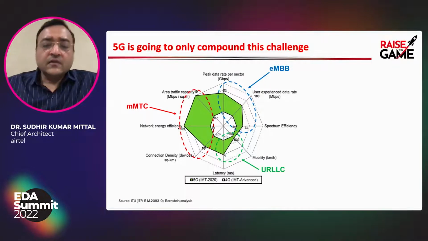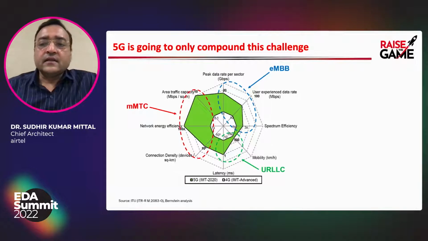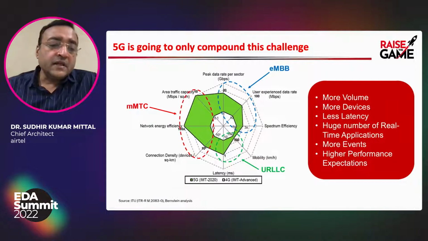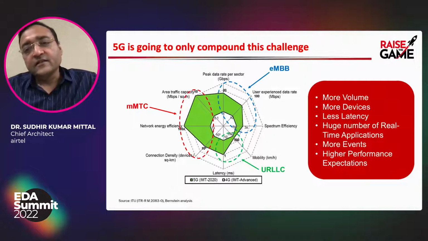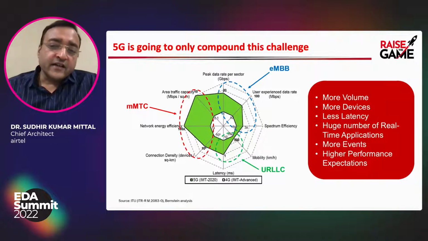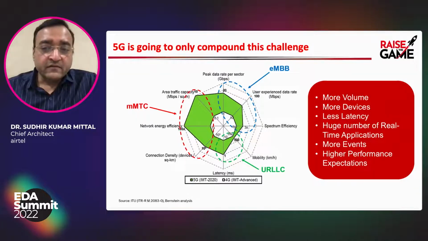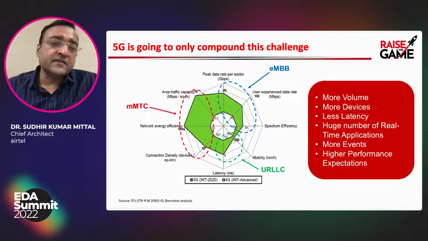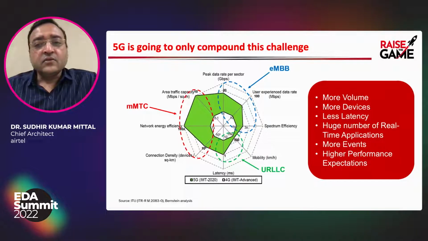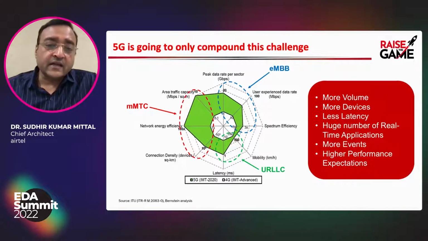So what all it brings, architecturally, is more volume, more devices, less latency, a huge number of real-time applications, more events, and higher performance expectations. So our challenges only get compounded as we launch 5G at that kind of scale.